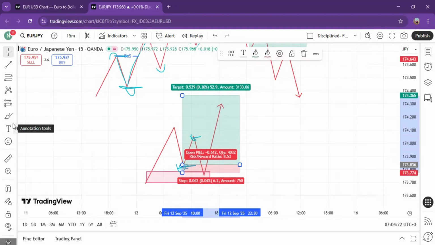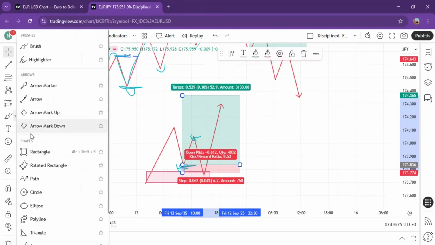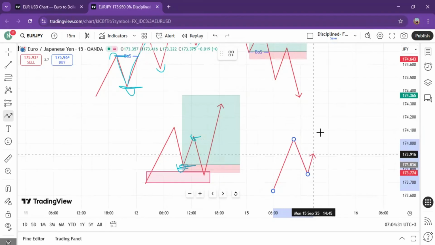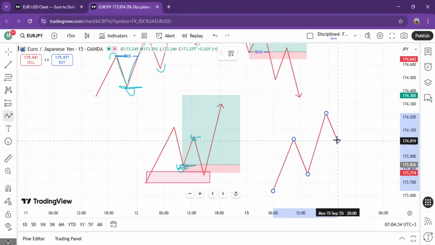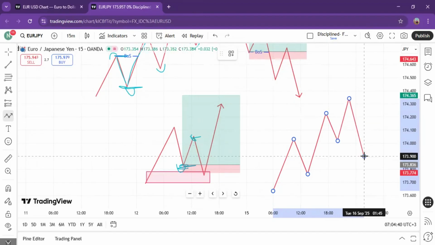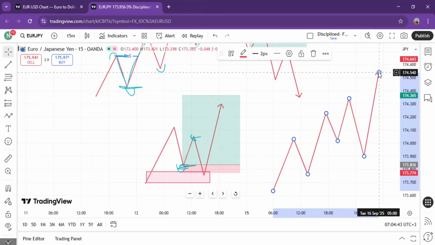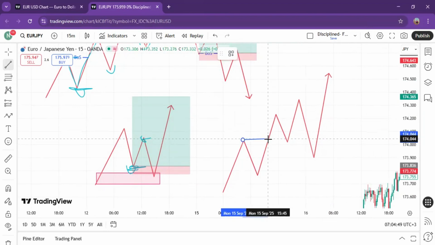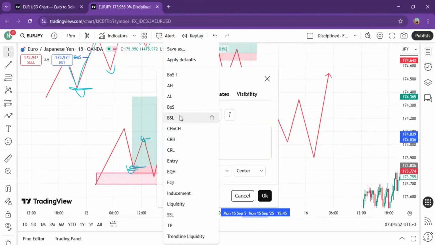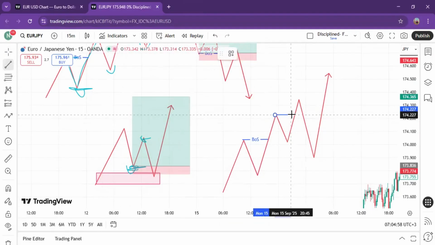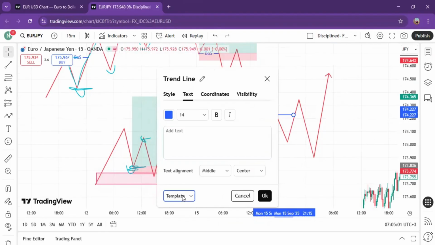The same way, if I may use the break of structure, you find that as the market moves from higher highs, higher lows, in most cases, you have a break of structure at this point, and you had a break of structure at this point here before this move happened.